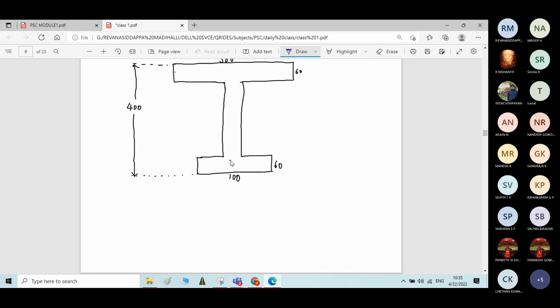Somewhere here the prestressing force is located, and the distance of that prestressing force is 50 mm from the soffit of the beam. So this is the prestressing force location.